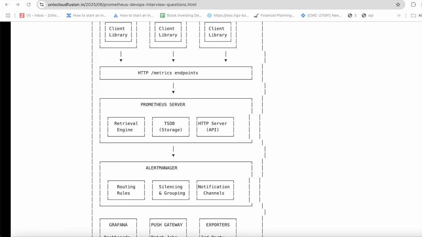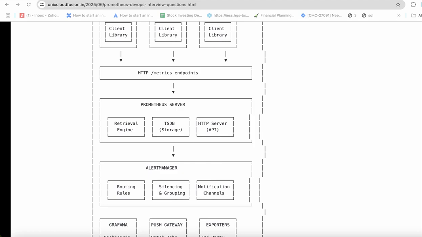Whenever you are configuring, you are going to pass the scrape configs, starting with the job name. Then you pass the targets from where the Prometheus is going to scrape. You can provide your DNS followed by the port number. Then you also need to tell how frequently you are going to scrape these metrics, like every 15 seconds or 10 seconds.